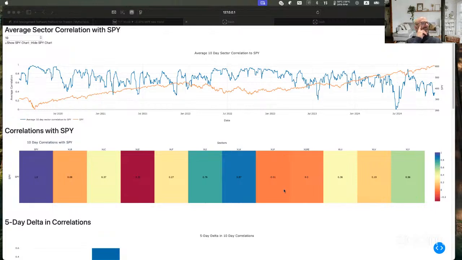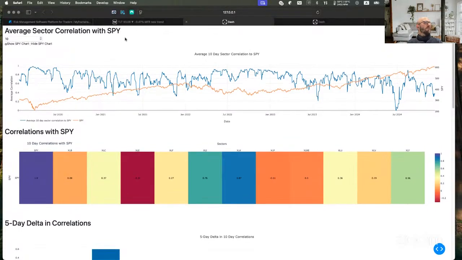But XLP, no, let's start with 10 days. XLP, no correlation to SPY. XLRE, no correlation to SPY. XLU, well, 0.36 correlation. XLV, 0.19. So it's not concerning a lot.